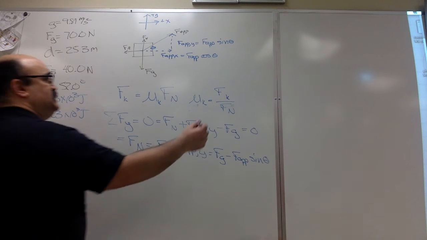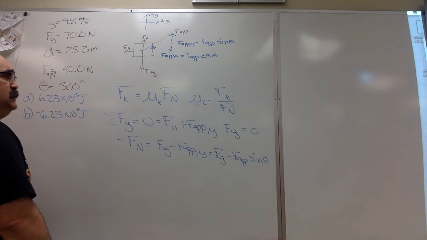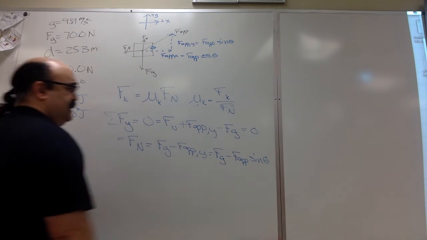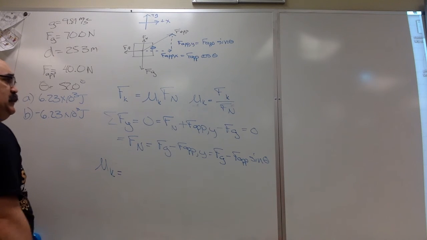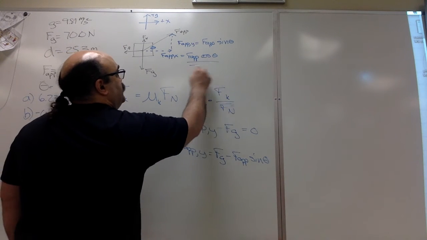So mu sub k is simply the kinetic force of friction divided by the normal force. So when I find mu sub k, it's simply going to be, well, we said this was equal to this.